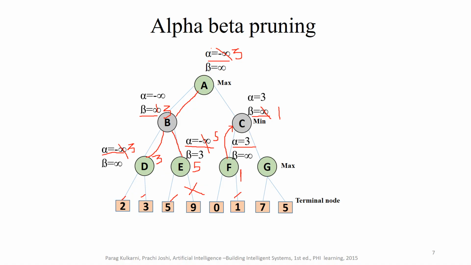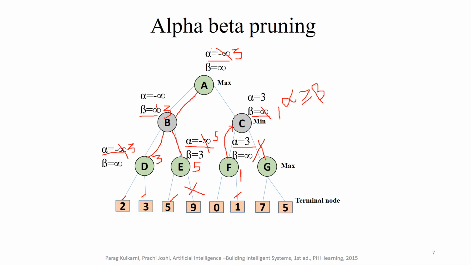So again here it satisfies the condition alpha greater than or equal to beta. The condition is satisfied. 3 is greater than or equal to 1. It's true. In this case, the next child of C, the node G, will be pruned. It will not compute the entire subtree, that is G.